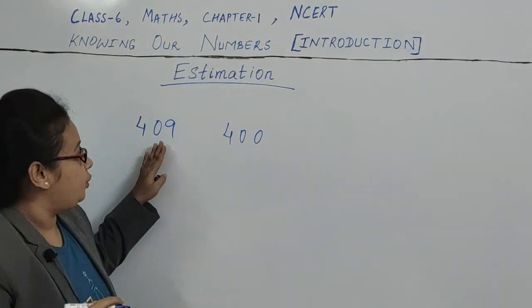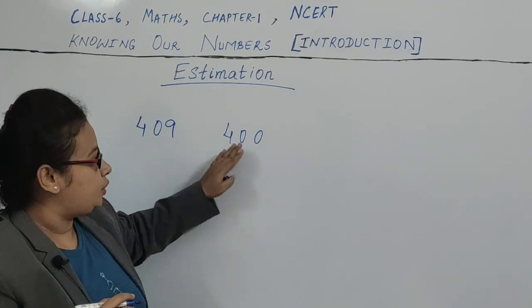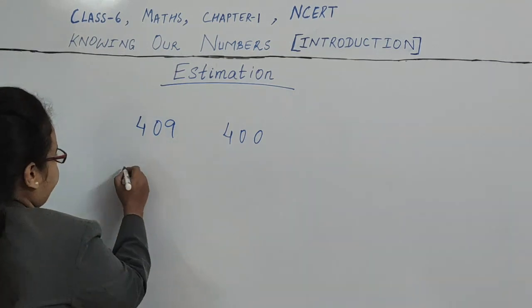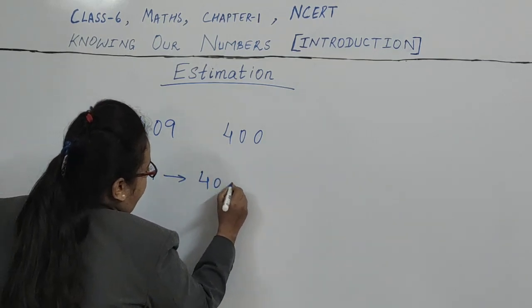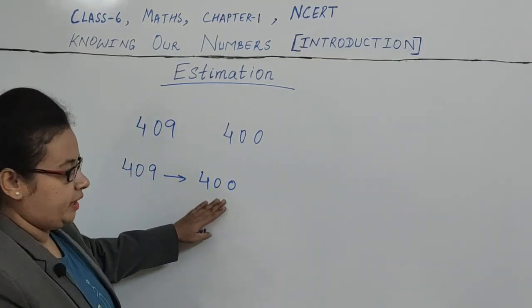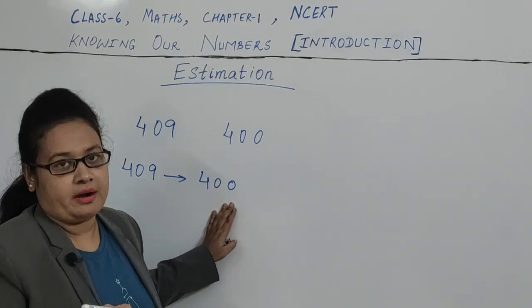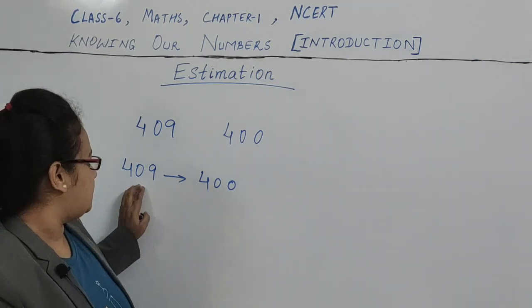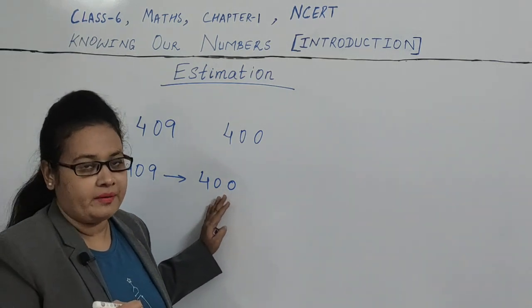It means you rounded off this number to 400. 409 is rounded off to 400. You have rounded off this number to 400 because it is close to 400. So you said that you have 400.